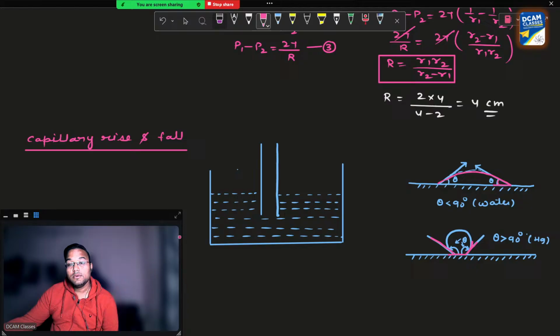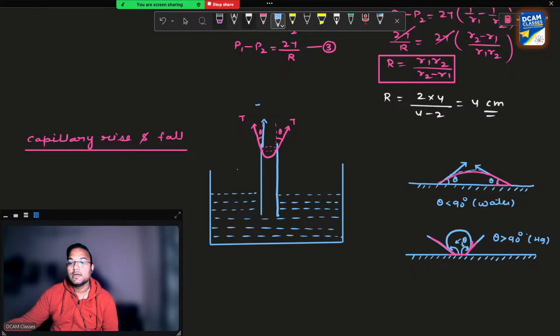Now talking about the water, this is water. If you look closely, its surface will be like this. This is the surface tension acting like this surface. This is vertical. This is the angle of contact theta. So I can actually take the component of surface tension in both the directions.